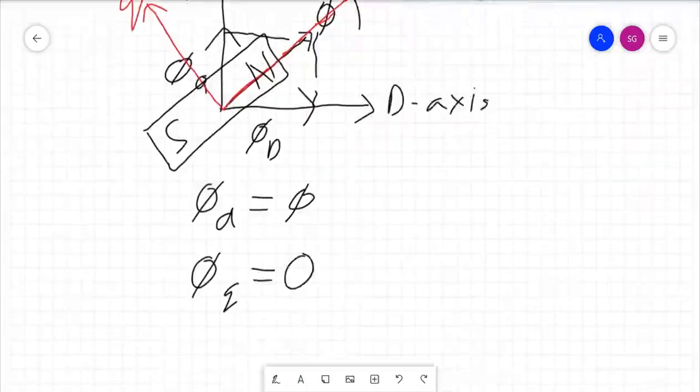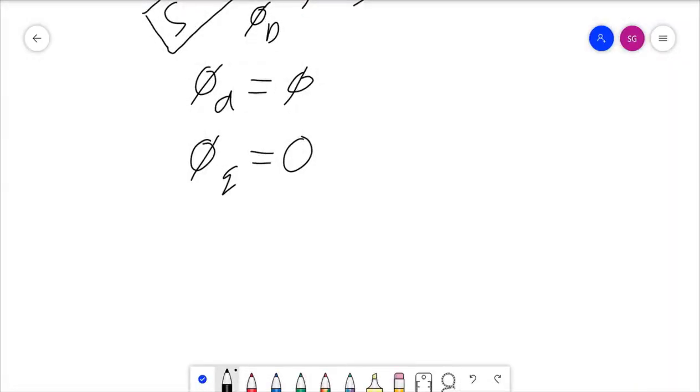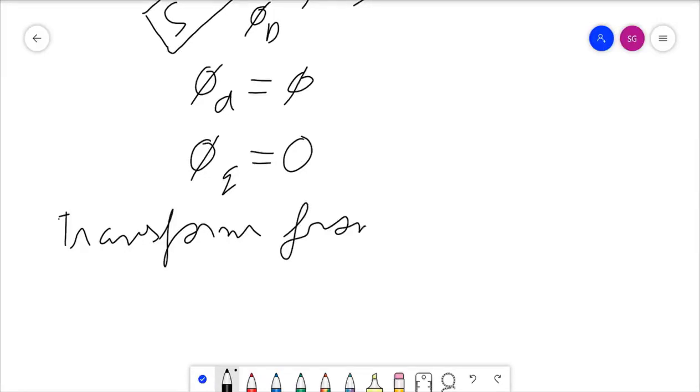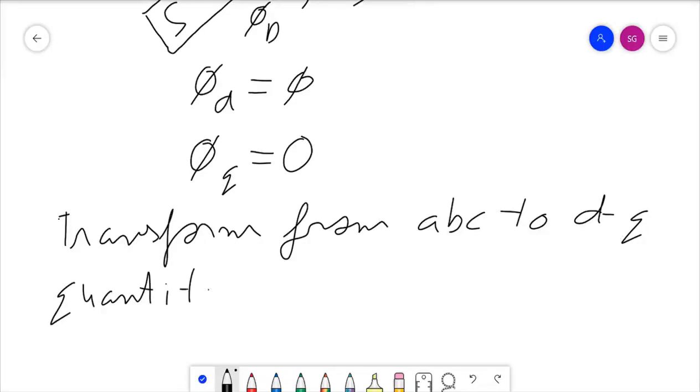So we can transform from ABC to DQ quantities by using Park's transform.